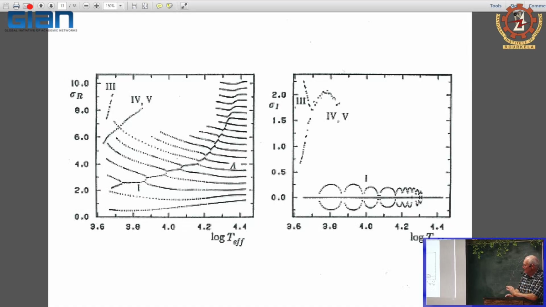So the consideration of the general possibilities of mode coupling helps in some sense to interpret this diagram and to understand at least partially this diagram.